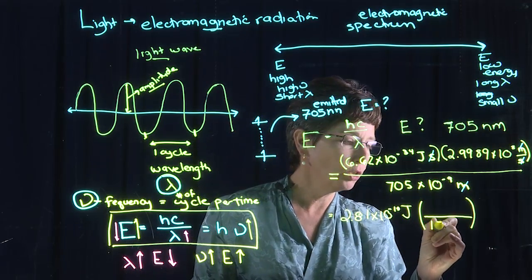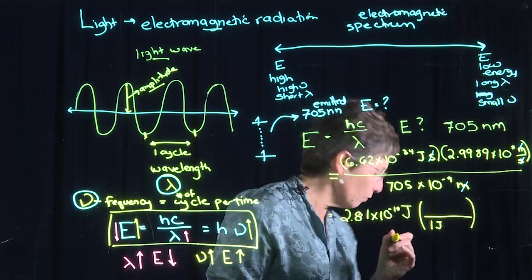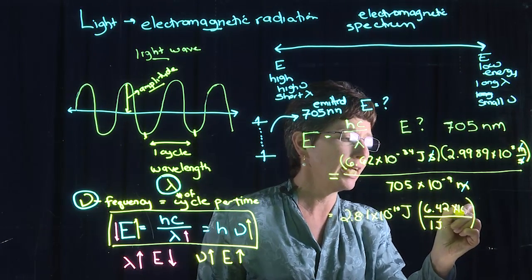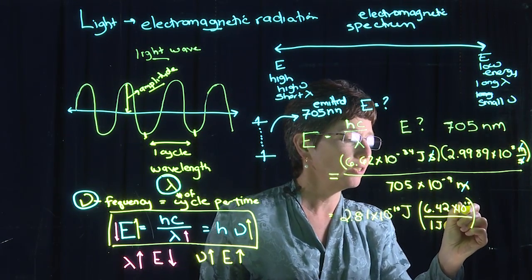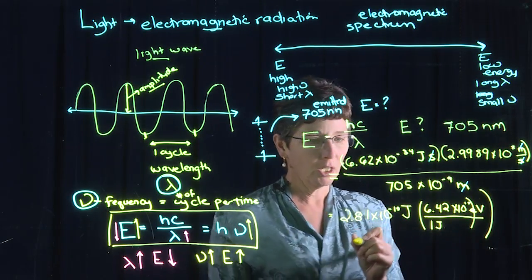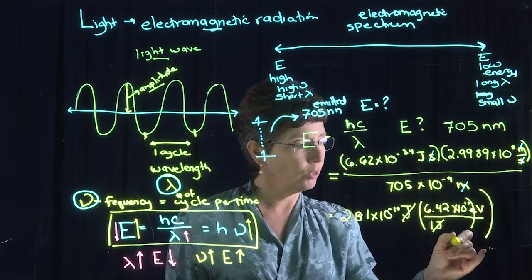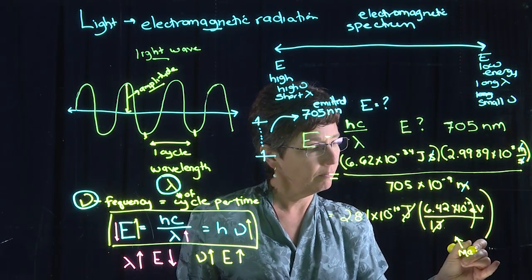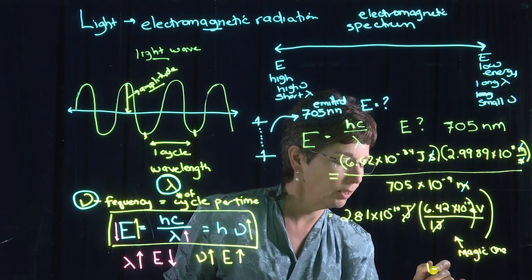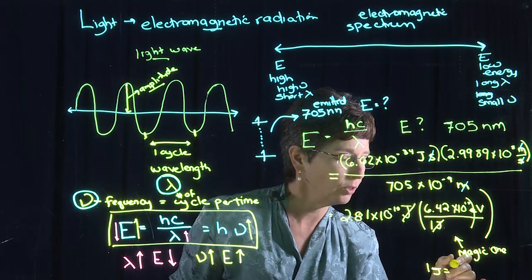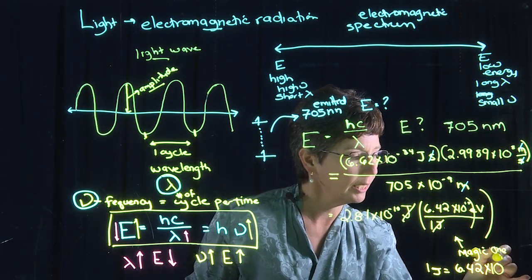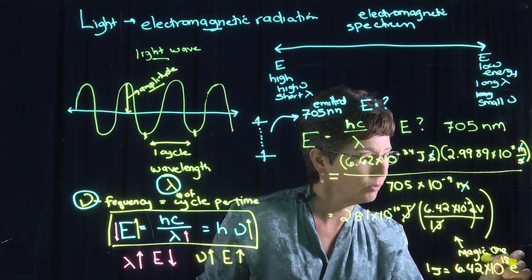And 1 joule is a whole bunch of electron volts. It's 6.42 times 10 to the 18. Sorry about this, electron volts. That got a little smeared. So if we can, that's our magic 1. And again, that's 1 joule is equal to 6.42 times 10 to the plus 18 electron volts.